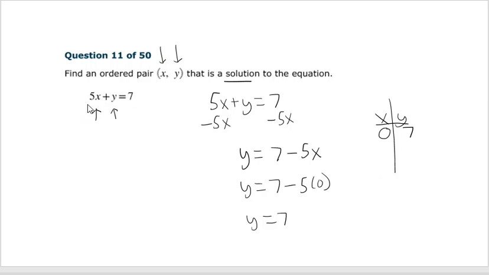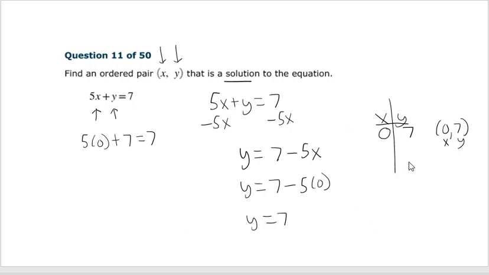And you guys can see that if I take this equation and plug in 0 for x and 7 for y, that's going to make this equation true. 5 times 0 plus 7 equals 7.